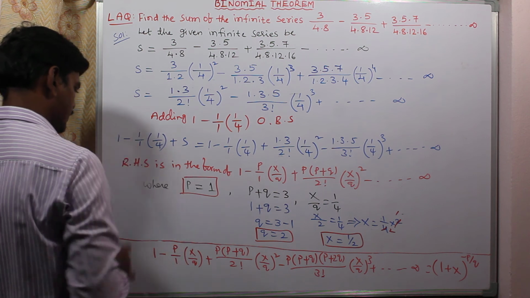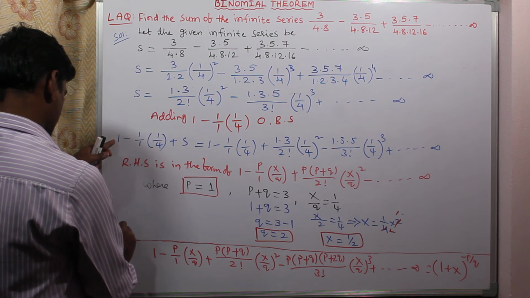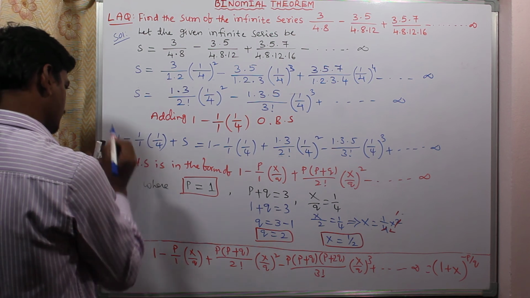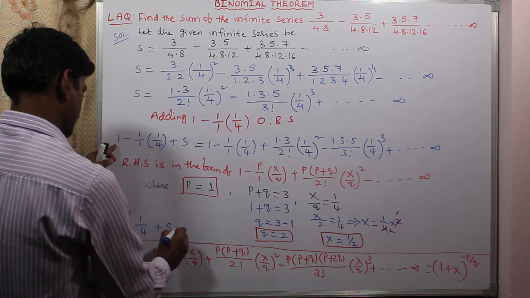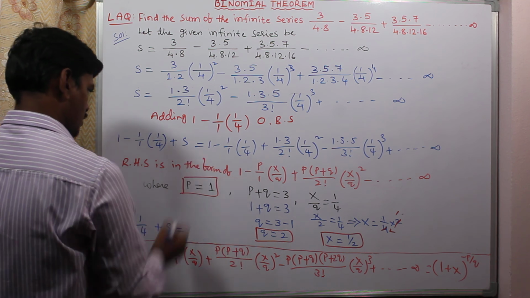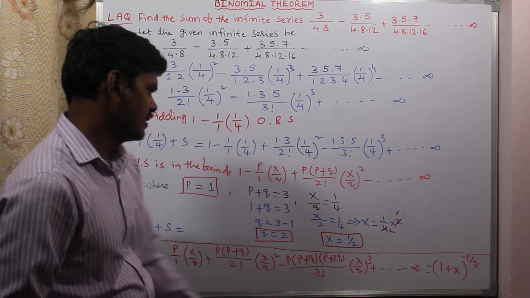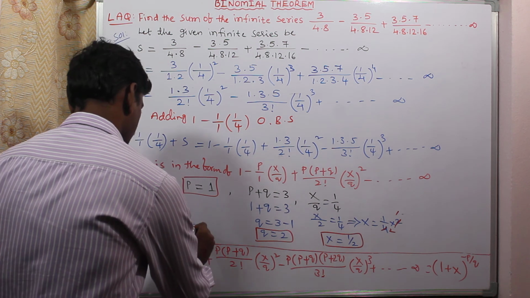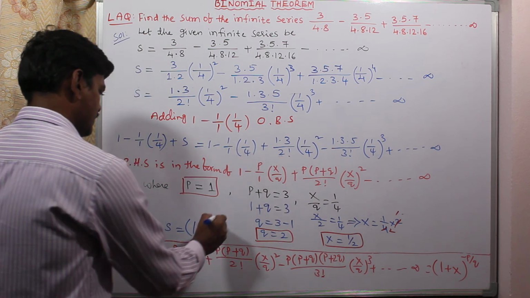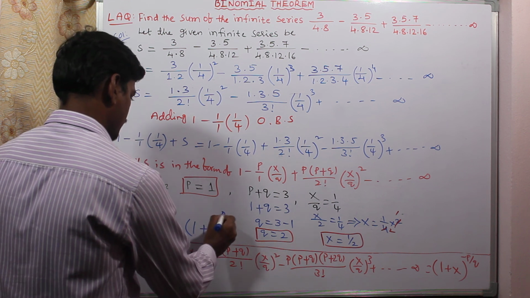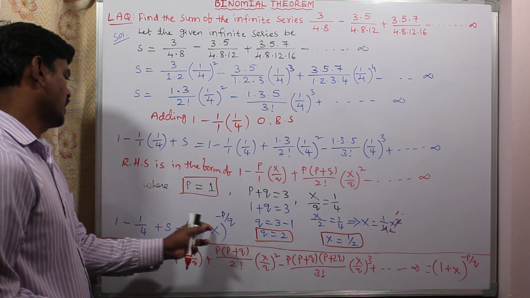Before that, let me write the LHS the same: 1 minus 1 by 1 into 1 by 4, we need not write, plus S is equal to... I want to replace this infinite series with the binomial. This is a binomial: 1 plus capital X whole power minus p by q. In the next step I can substitute the p, q and X values.